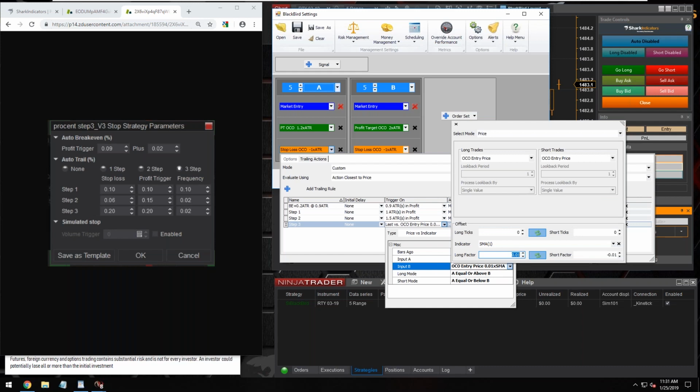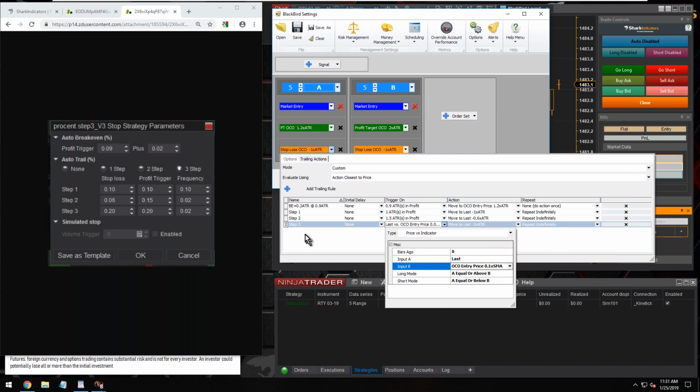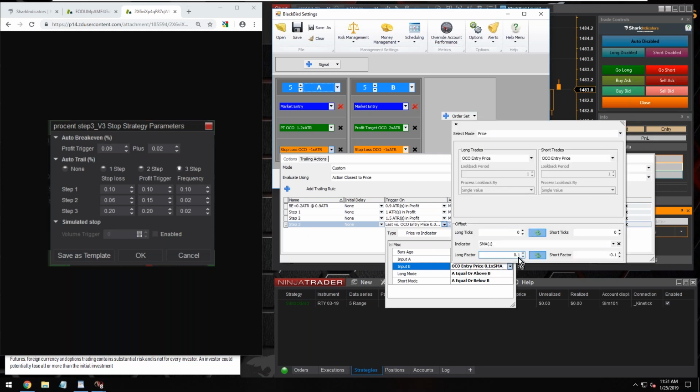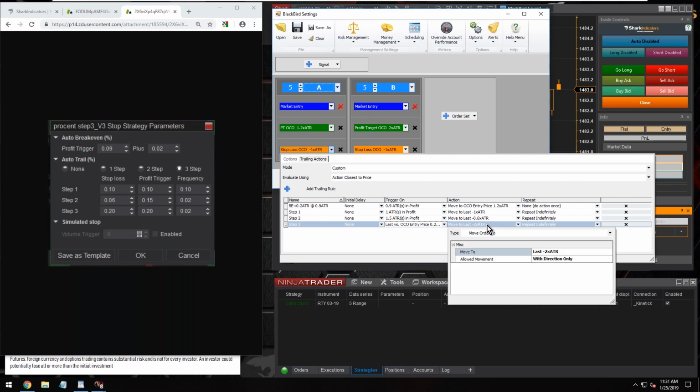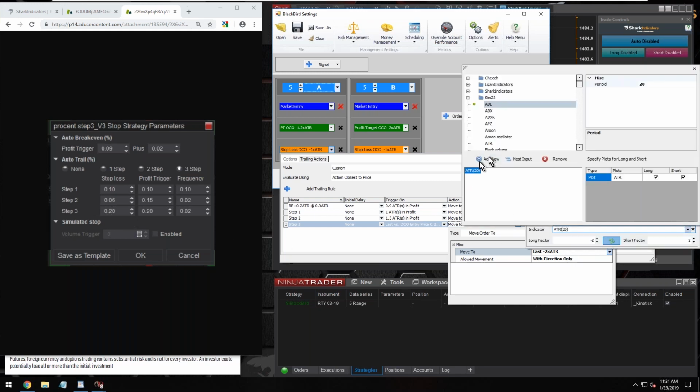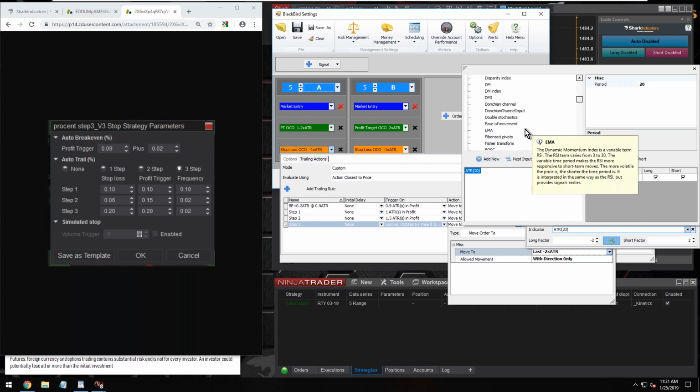So let's just adjust this. Oh wait, 3 is 0.2. There we go, 0.2. And let's adjust the stop loss offset, which is also 0.2. We took the long road, but we eventually got here.